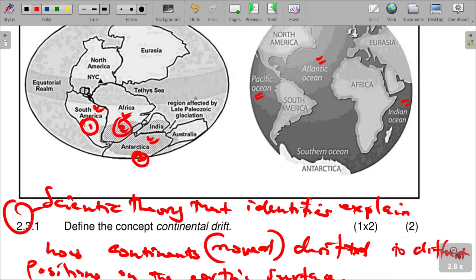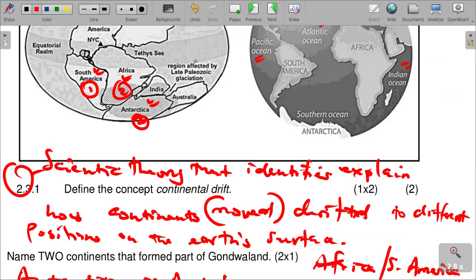So, define the concept continental drift. It's a scientific theory that identifies and explains how continents moved or drifted to different positions on the Earth's surface. The continental drift theory explains how the continents moved.